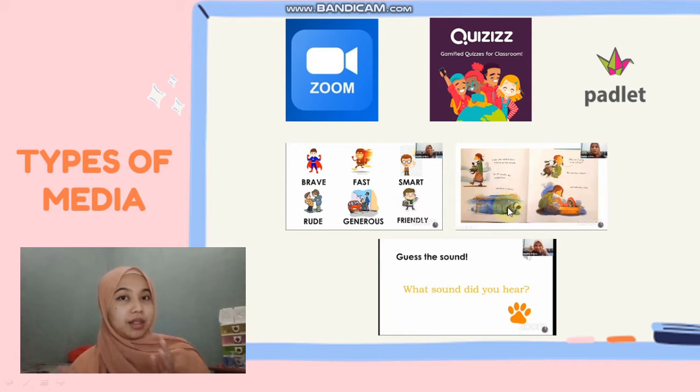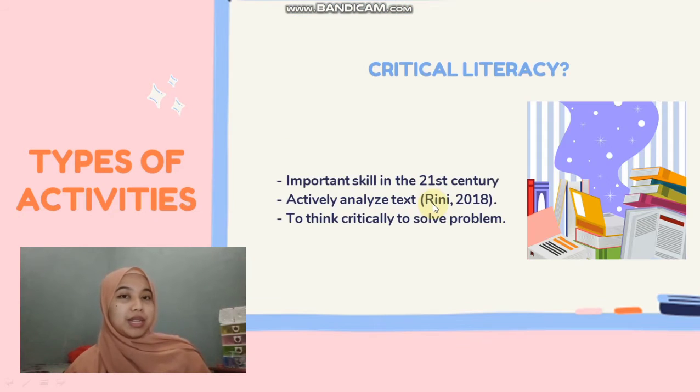and vocabularies are included. As for the types of activities, to scaffold the students, the teacher activates the students' critical literacy. It is widely known that in the 21st century, critical literacy is an important ability, especially for young learners as the millennial generation.